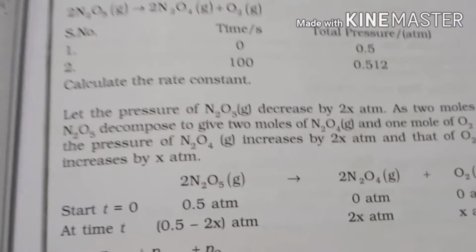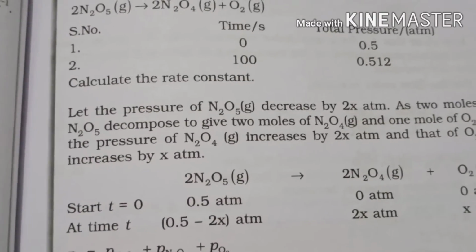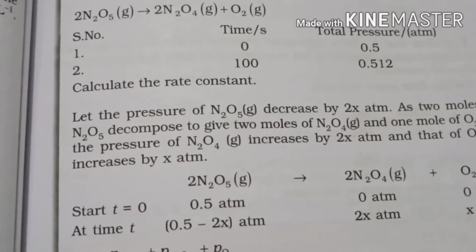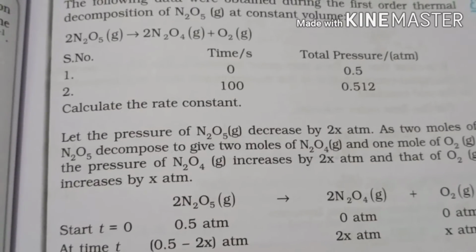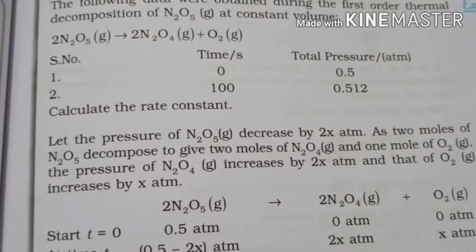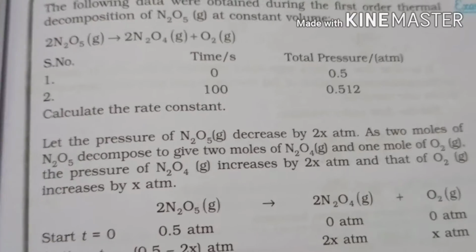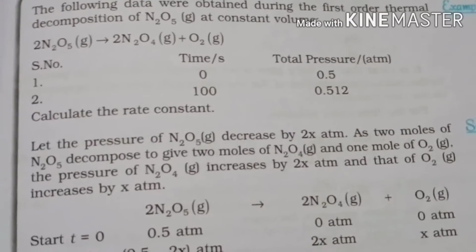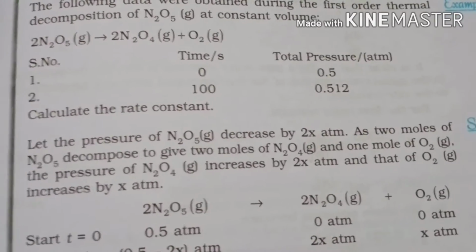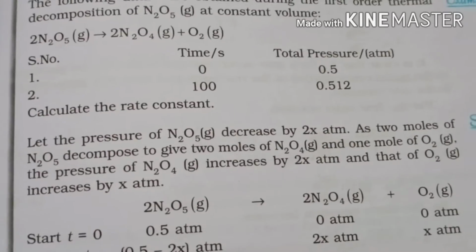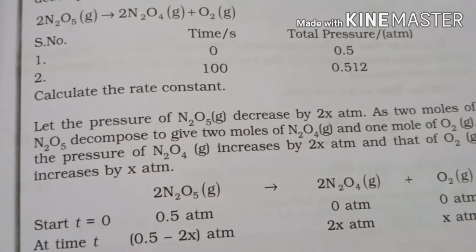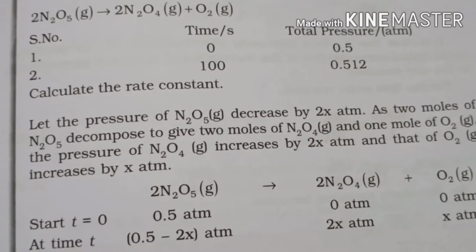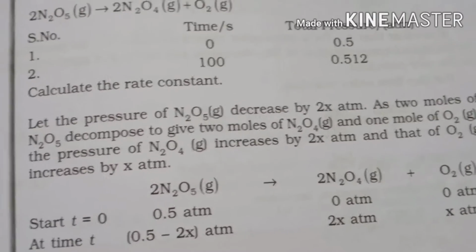Let the pressure of the N2O5 decrease by 2x atm. 2x atm will be decreased as 2 moles of N2O5 decompose to give 2 moles of N2O4 and 1 mole of O2, and the pressure of N2O4 gas increases by 2x and that of O2 is increased by x.